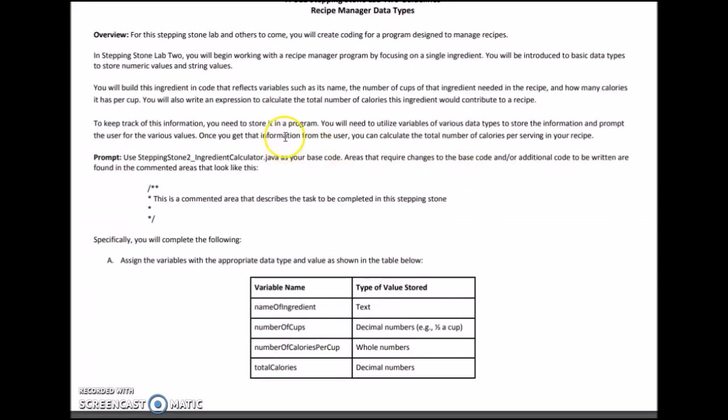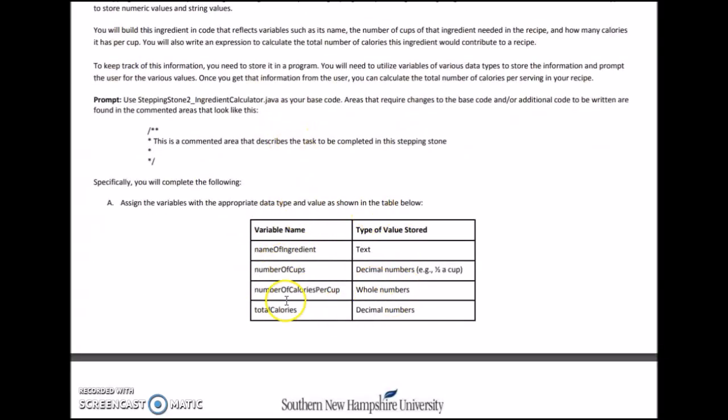This is all laid out here in this table as well. These are the different variables that you'll need to include, and these are just giving you an idea of what type of values are being stored, but you're going to have to determine the Java data type that needs to be used for each of these variables.